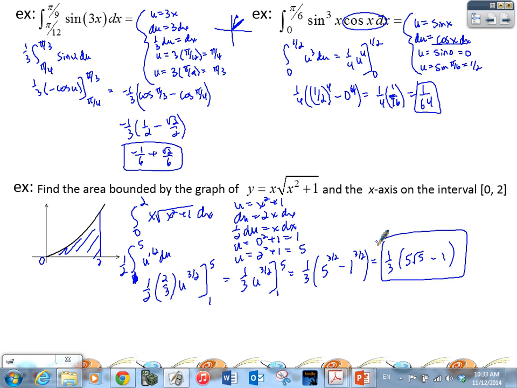And let me point out, if you did this in your calculator to check, it probably would come out with a slightly different answer than this. Because your calculator is using an approximation program to calculate the integral, when we have radicals or cube roots in it, many times it isn't right on.